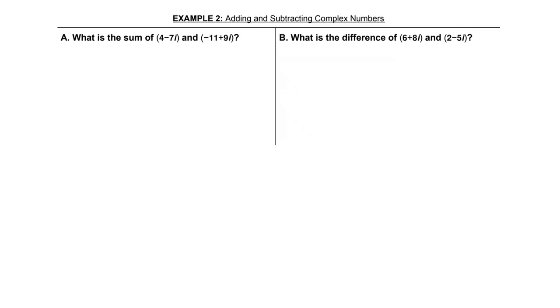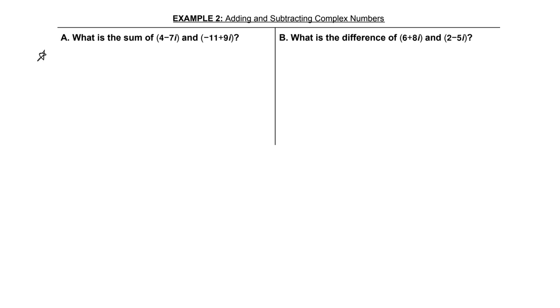Now, adding and subtracting complex numbers is very similar to combining like terms. Essentially, what we're going to do is just combine all the real parts and combine all the imaginary parts. And when we get to taking the difference, it'll just be taking the opposite, changing it to addition, and then doing the same thing.